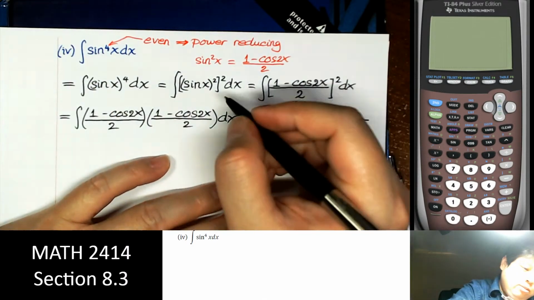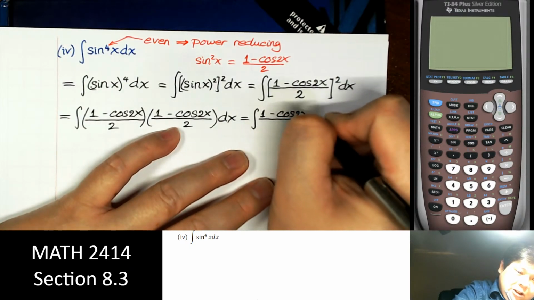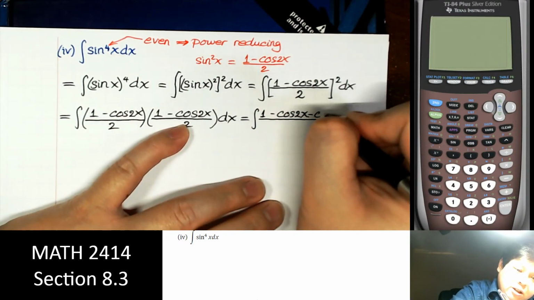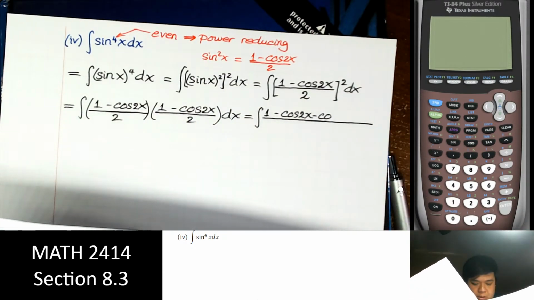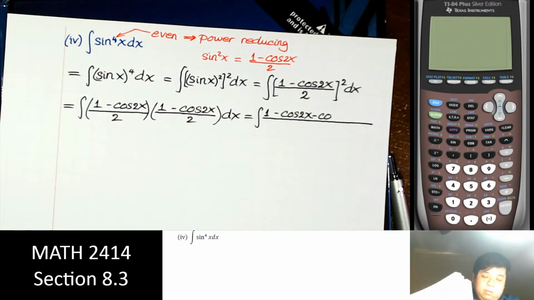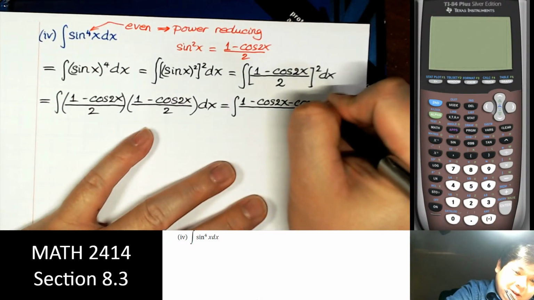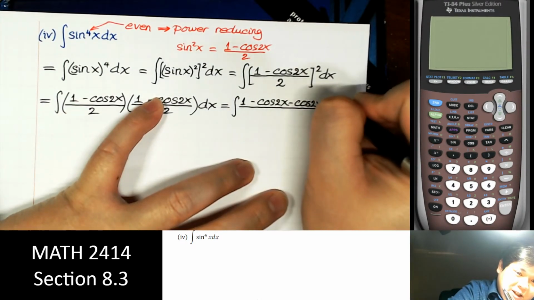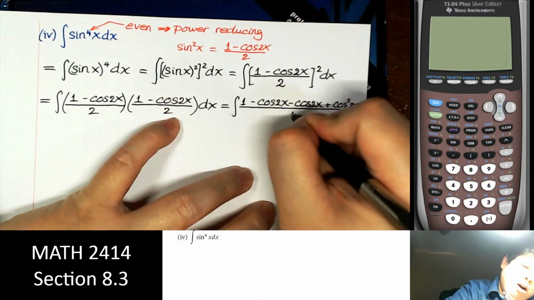Right, 1 times 1 is 1, minus cosine 2x, minus cosine 2x. Minus a negative, that's a plus. 2 times 2 at the bottom is 4.